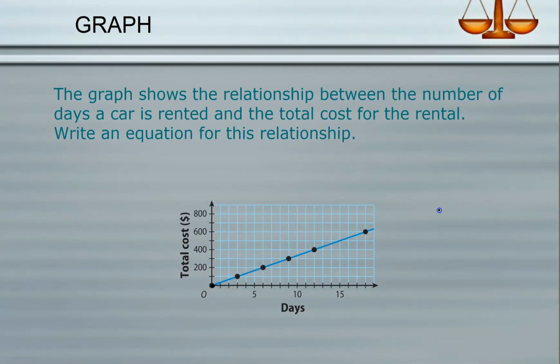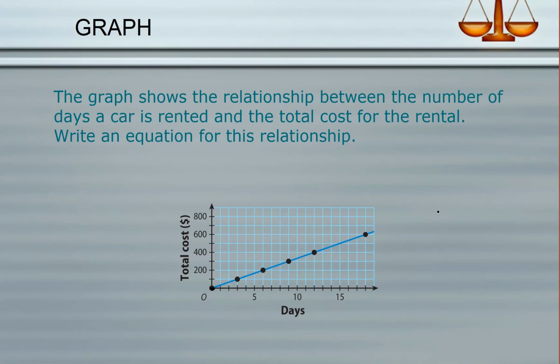All right, so now let's go ahead and review the graph. Like I said, hopefully you follow these steps that I'm giving you. The way that I want you to find your constant on the graph is by selecting 2 perfect points. What does that mean? Perfect points means that it is at a corner of a square. So if you look at right here, this one is at a corner of a square.